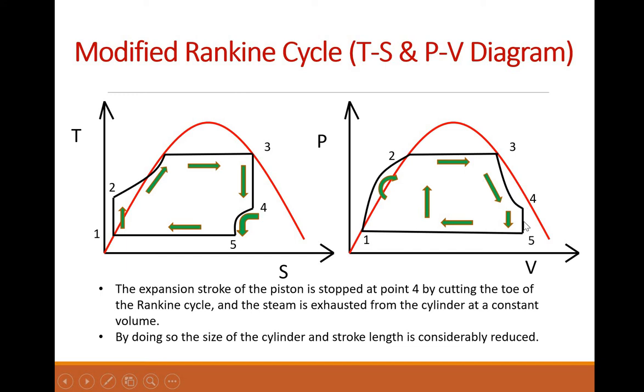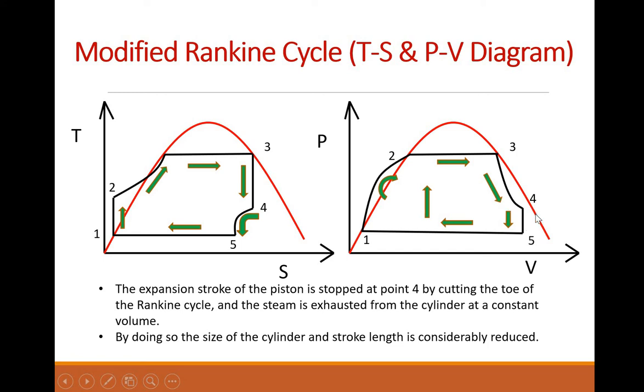So the toe of that curve has been removed. That helps to improve the efficiency of the Rankine cycle, because the size of the cylinder also gets reduced if we follow this. If we allow the expansion to go up to its maximum limit, the size of the cylinder will increase, right?